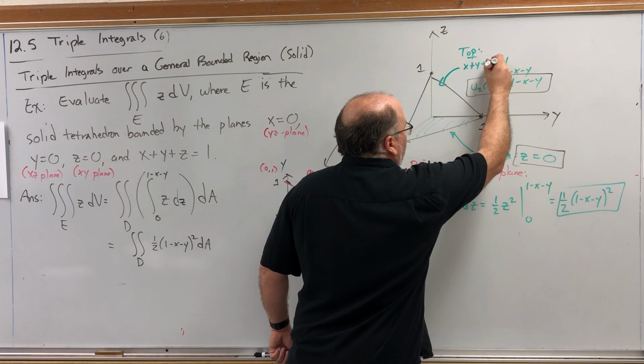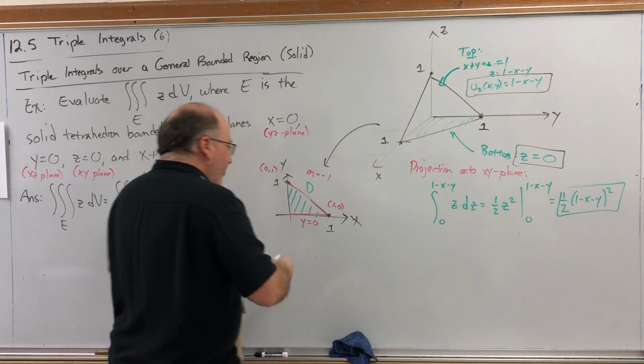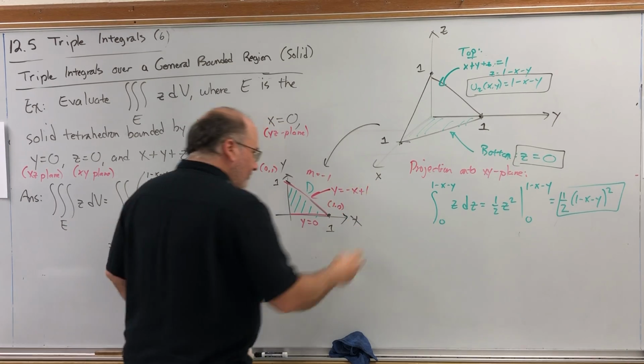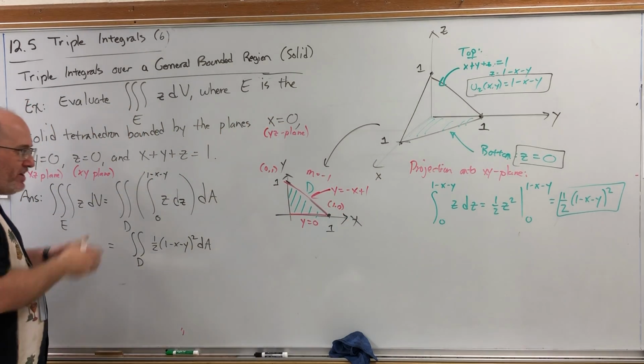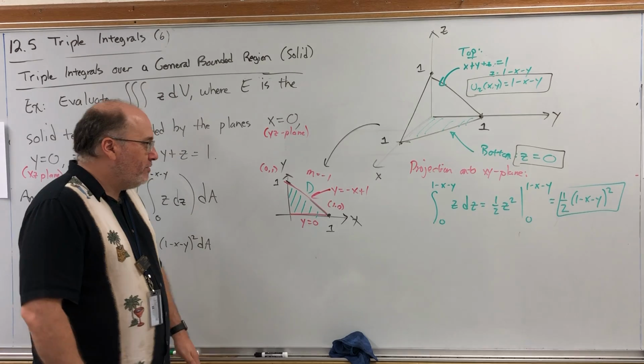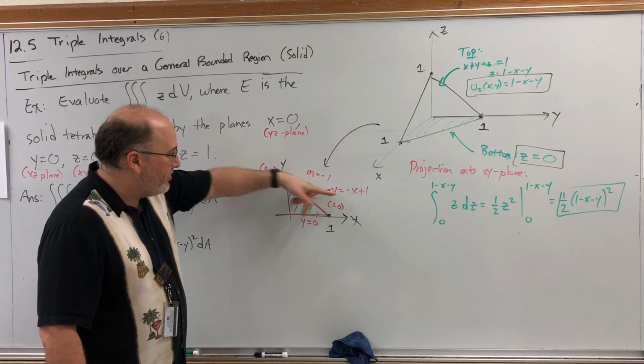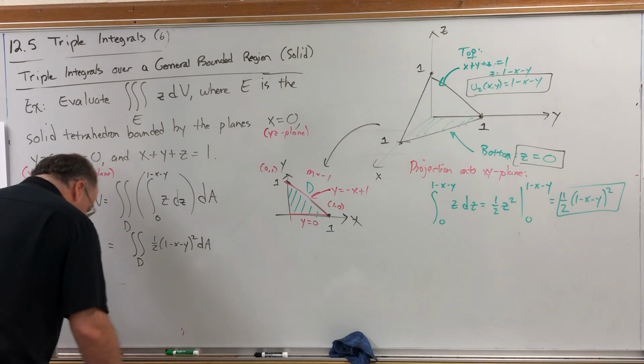So no matter how you approach it, the equation of the line on the top of this is y equals -x plus 1. So we can integrate over this region with respect to y, because in the y direction, the bottom is 0 and the top is negative x plus 1.